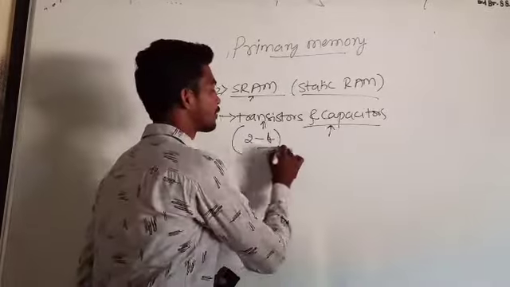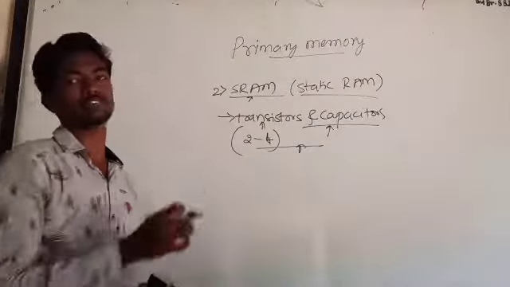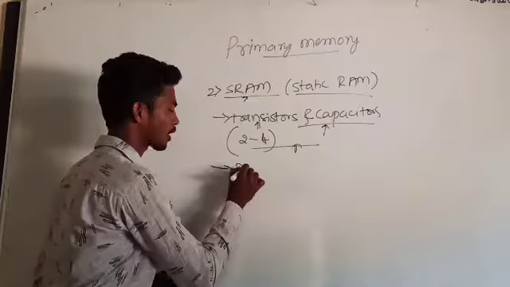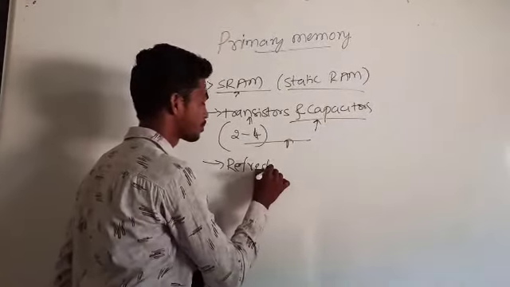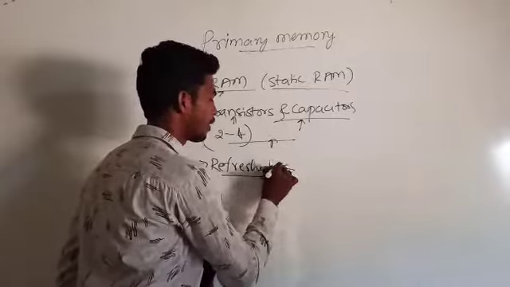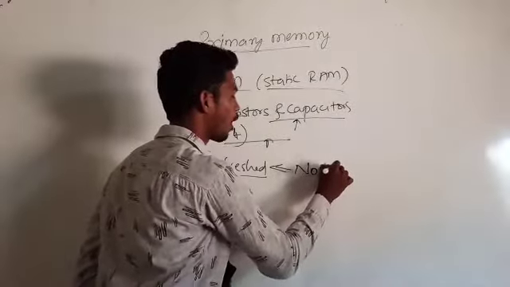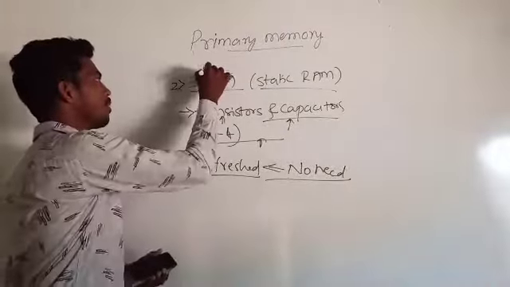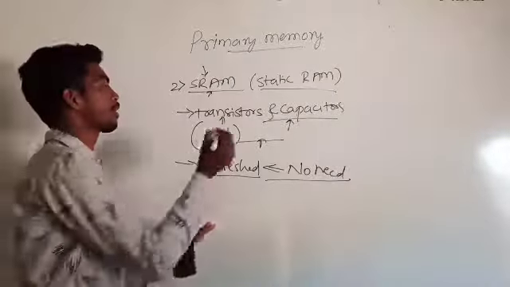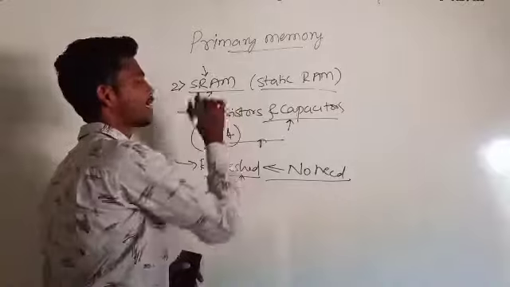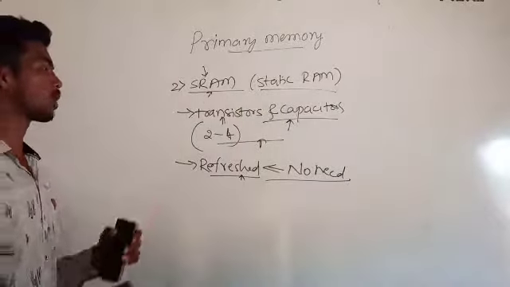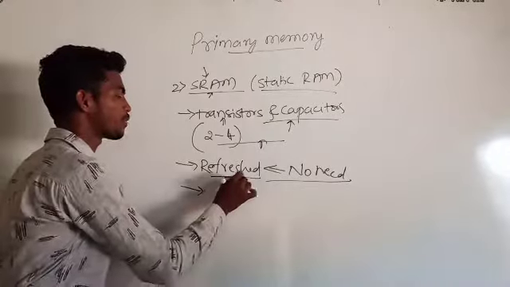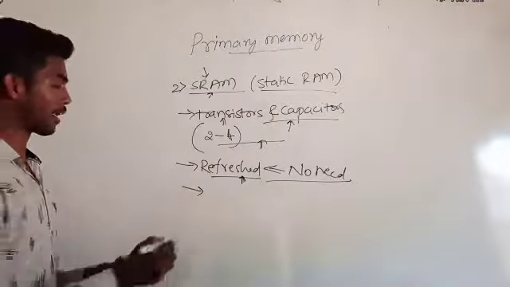That is the difference between a DRAM and a SRAM, and it does not need to be refreshed all the time. When the data is in the SRAM, there is no need for refreshing to keep the data there. There is no refreshment needed for a static RAM.